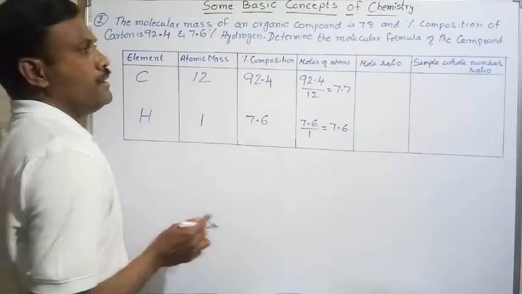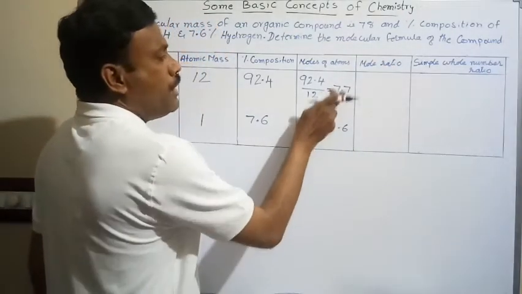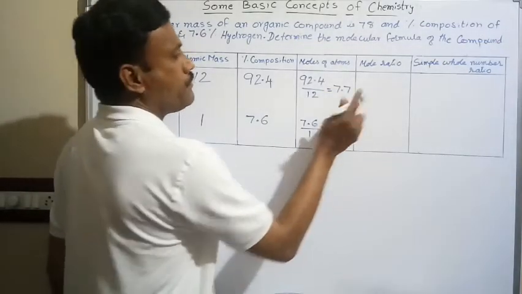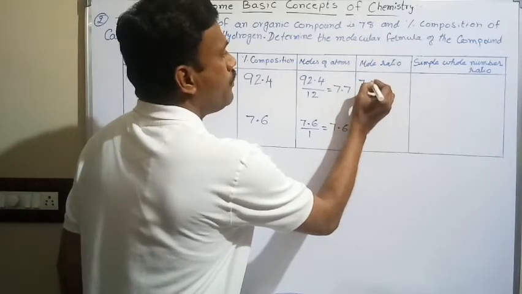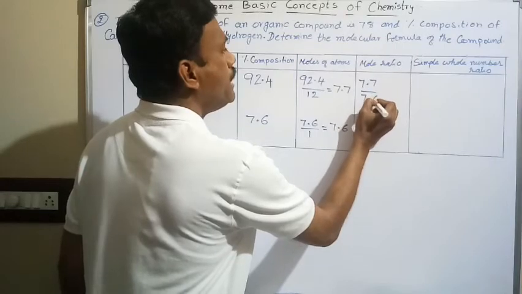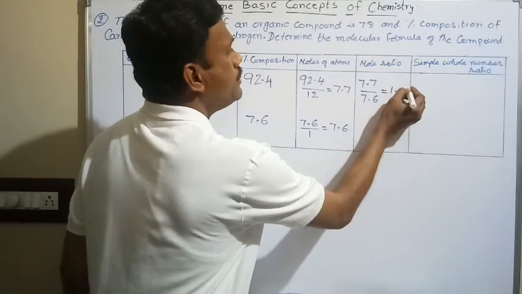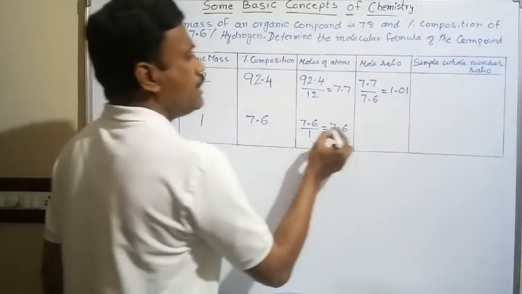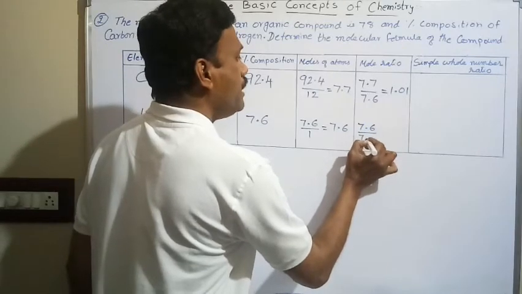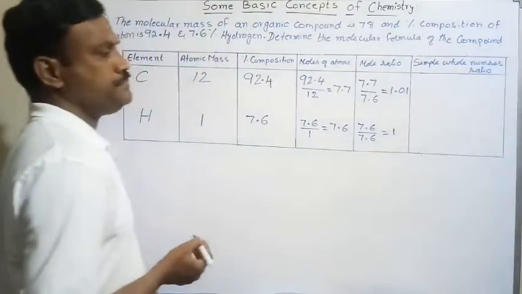Now the mole ratio. Among these two, the smallest number is 7.6. So 7.7 divided by 7.6 gives 1.01. Similarly, 7.6 divided by 7.6 gives 1.